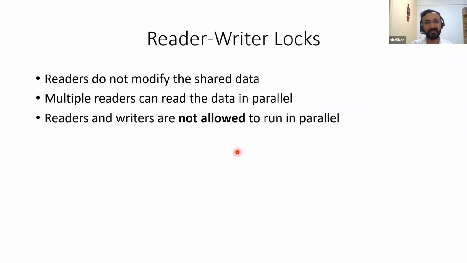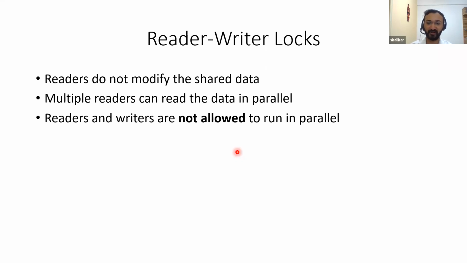This problem is fixed by reader-writer locks. The idea is that multiple readers which do not modify a shared state can read the shared data in parallel. And if there is at least one writer currently writing to the data, no reader should be allowed to execute that critical section, correct?